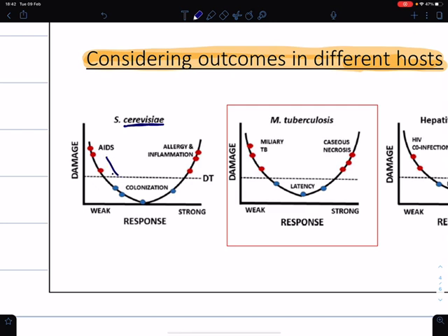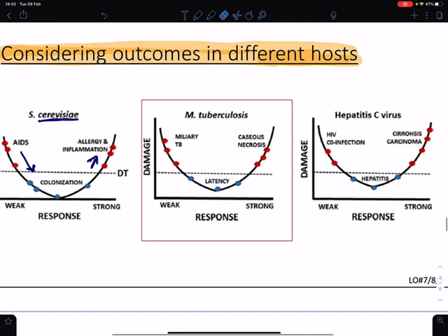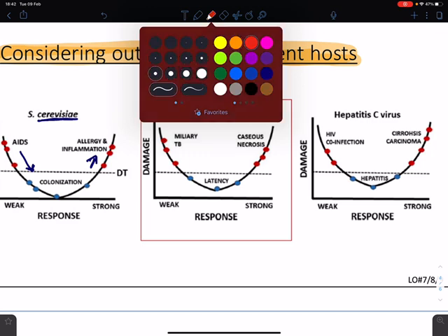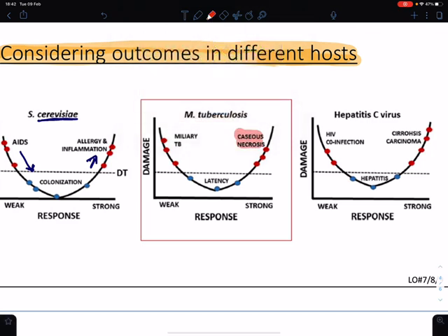So this is the damage caused by the pathogen itself, and then here is the result due to the host mediated damage. And then allergy and inflammation will occur at the top. If you look at TB, the same will happen, but it will cause a disease if there is too big of an immune response, called caseous necrosis.